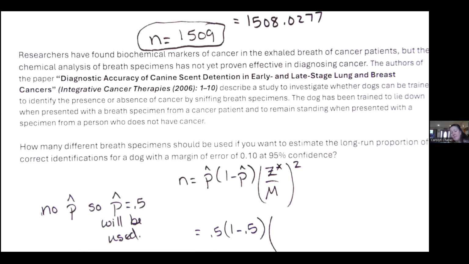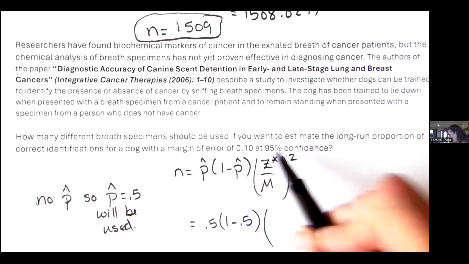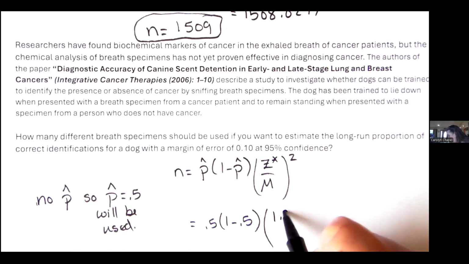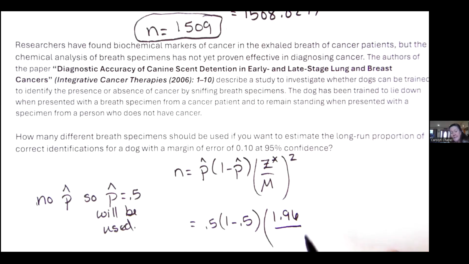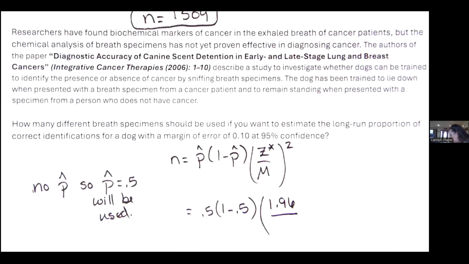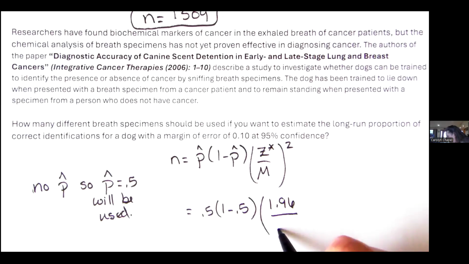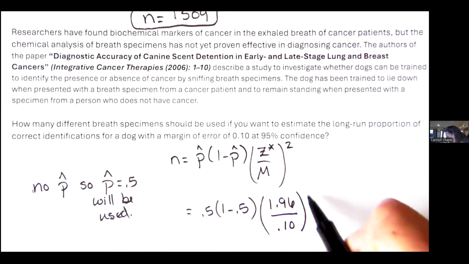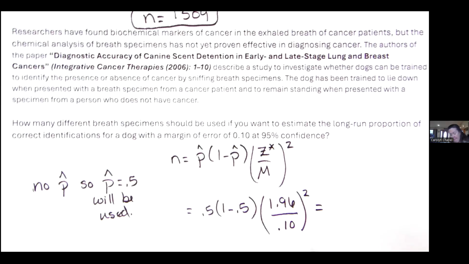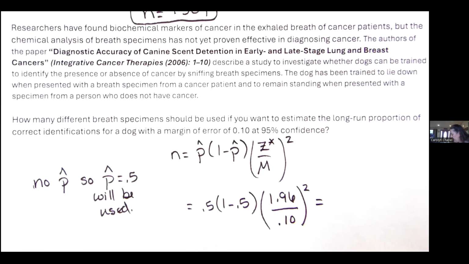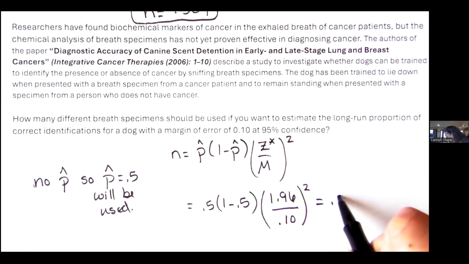We need our z star for our 95% confidence level. That is 1.96. Again, that's from my table that we had quite a while ago. The margin of error is 0.10, that we're going to be squaring. 1 minus 0.5 is 0.5.